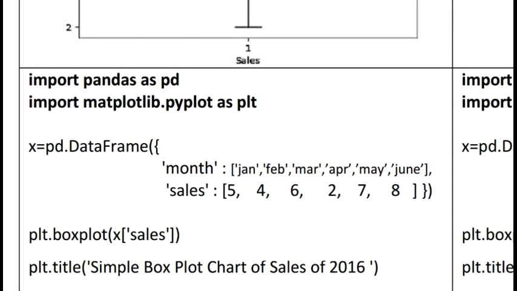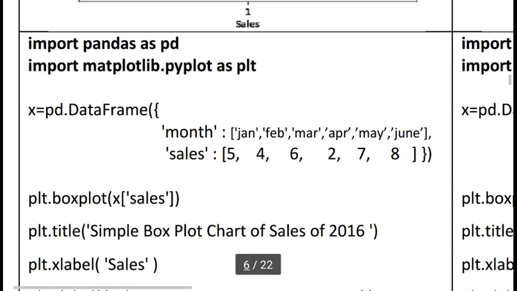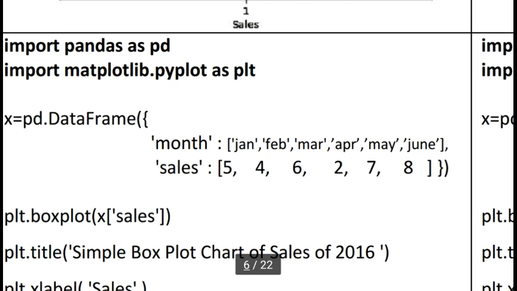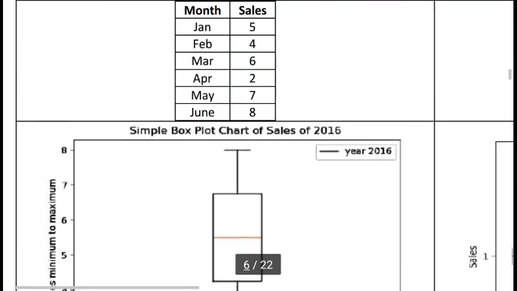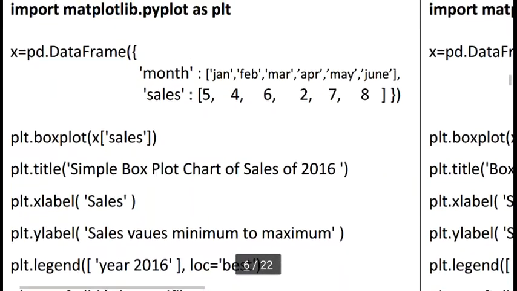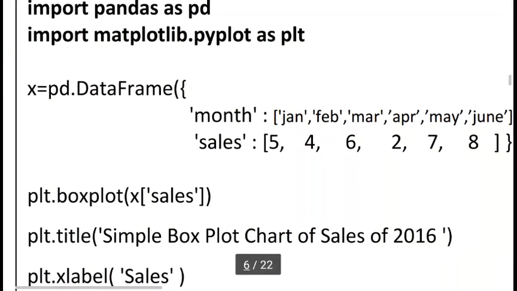To use a data frame, for this I am using import pandas as pd. To create various charts of pandas, we use the matplotlib.pyplot as plt library. So this is our data, and I want to convert it into a data frame. We know very well, x is equal to pd.DataFrame in curly braces, because I am using the dictionary concept to store this data.